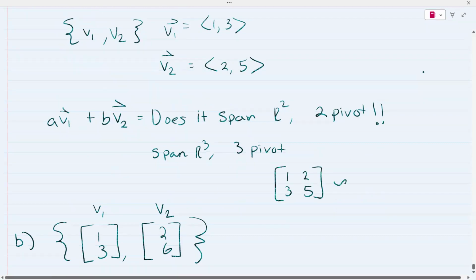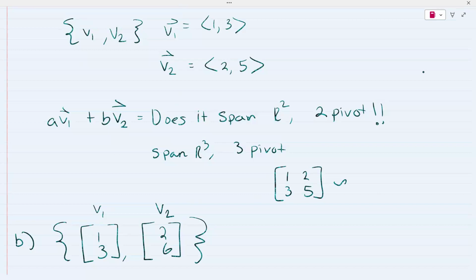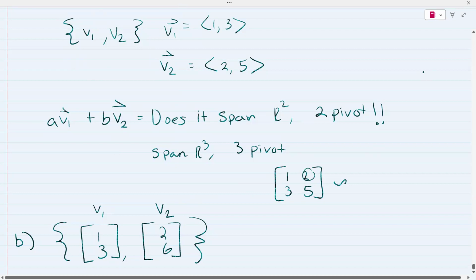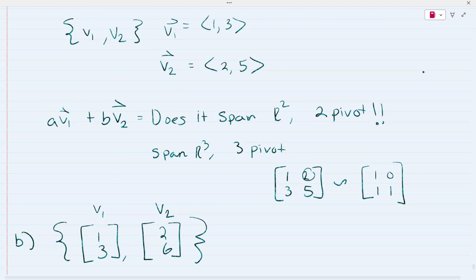Let's try to make these 0. How about let's make this 2 into 0, so you would have to do 5 times row 1 minus 2 times row 2, and that would give you 1, 0, 1, 1. And yes, that gives you a pivot in every row.